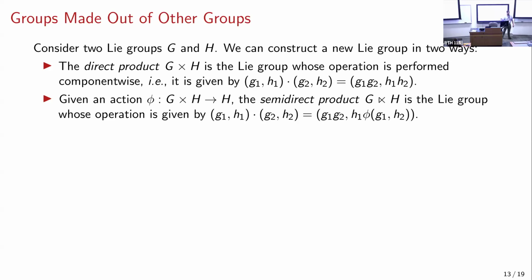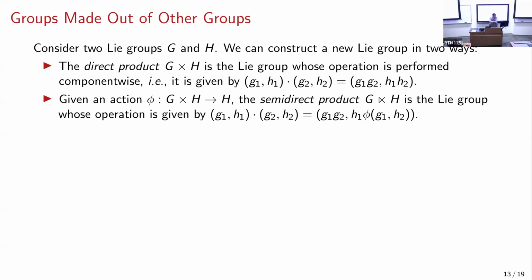It's just going to interact with its friend G2. G1 and G2 are going to do their own thing. But for H1 and H2, what we're going to do is first let G1 act on H2, and then we're going to combine it with its friend H1, right? And so we could check real quick that this is a valid group operation, but I hope you'll believe me on that front.